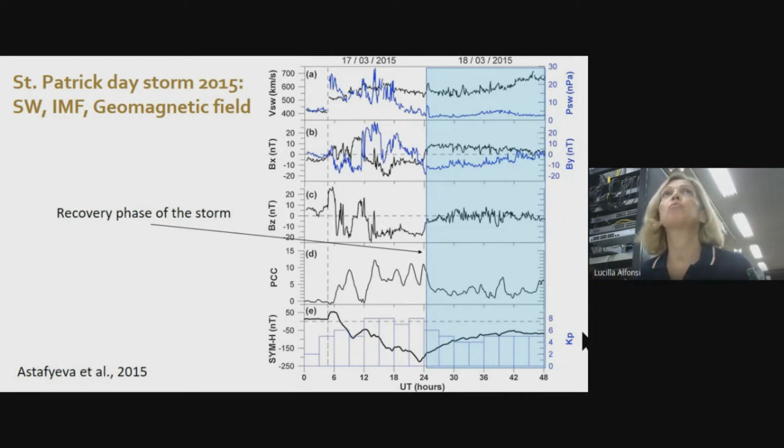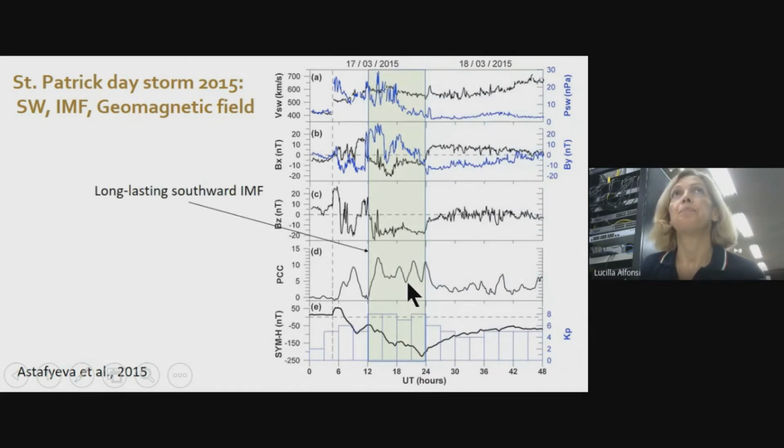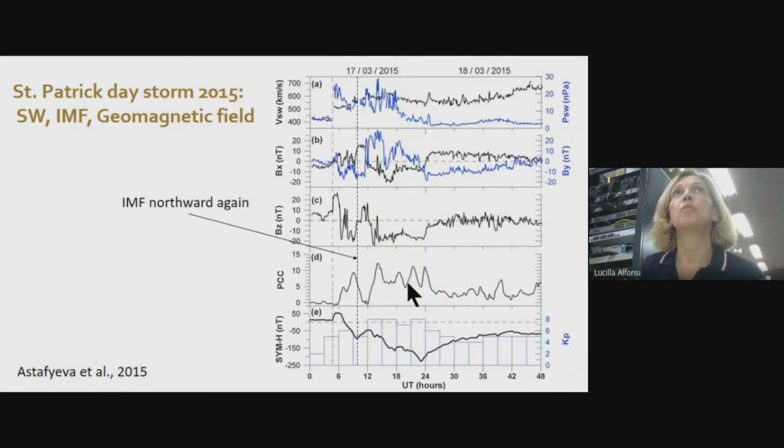What I would like to highlight and to let you notice is the displacement between what is observed in the BZ and what is actually seen at ground.